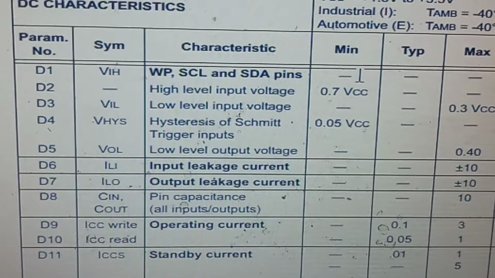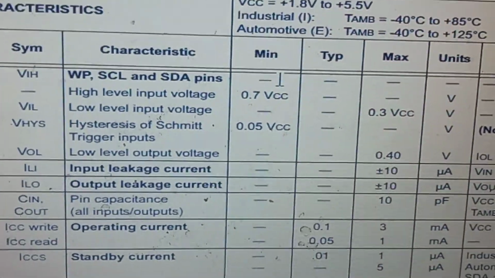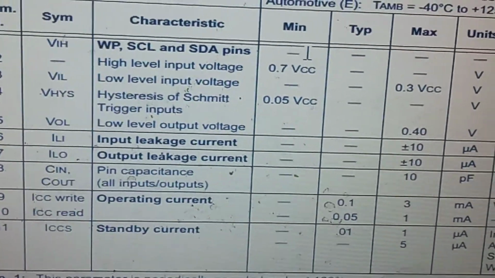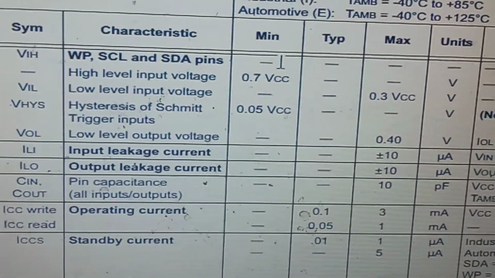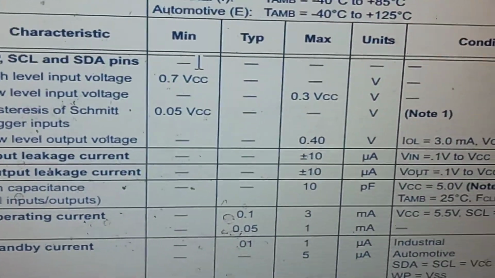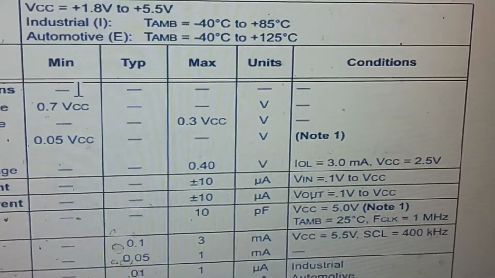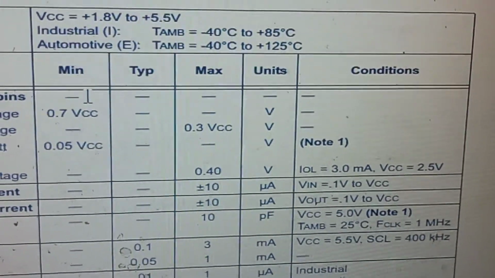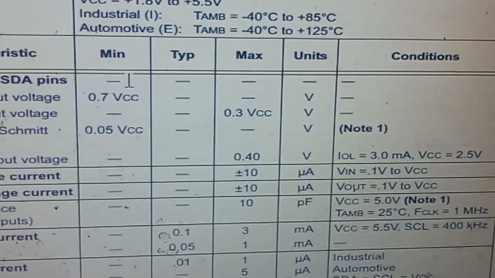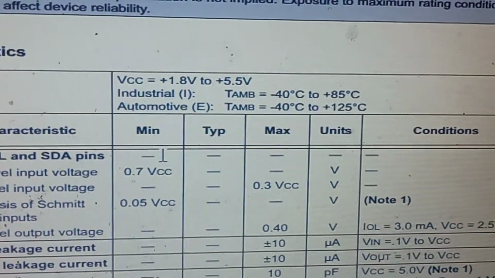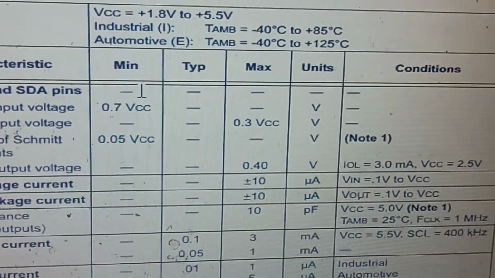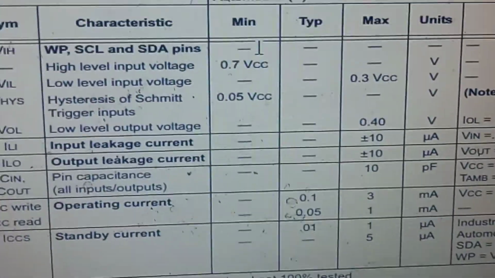I am using this part only. Here you can see the low level output voltage 0.40 volt, IOL mentioned as 3.0 milliampere, and VCC at 2.5 to 5 volt. You can also see the upper VCC, 1.8 volt to 5 volt. You can choose any one, no problem.